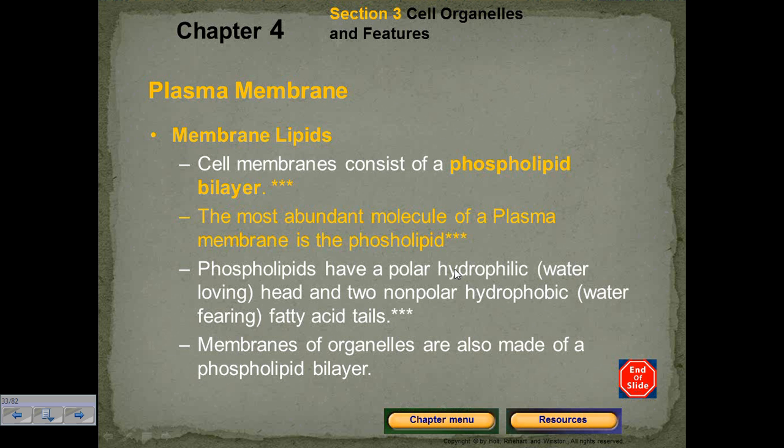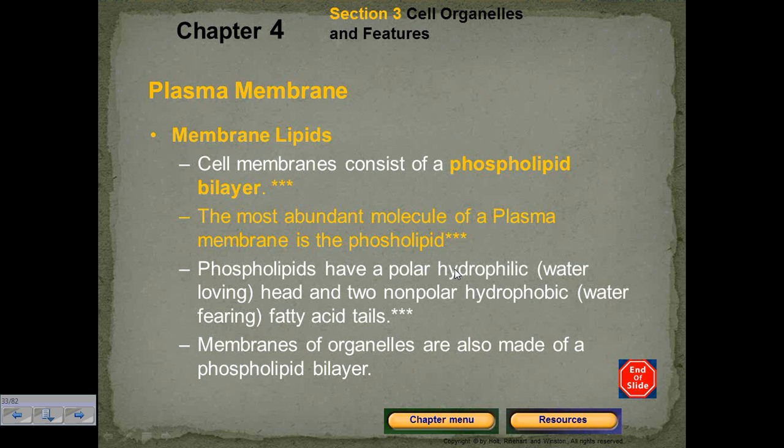But what you do need to know here is that these phospholipids have a polar head, so it's like this circle, which I'll show you another picture of on the next page, and they have these 2 fatty acid tails. Okay, so highlight that. The phosphate group of this molecule is polar, and that's hydrophilic. What does hydrophilic mean? Attracted to water. Right.